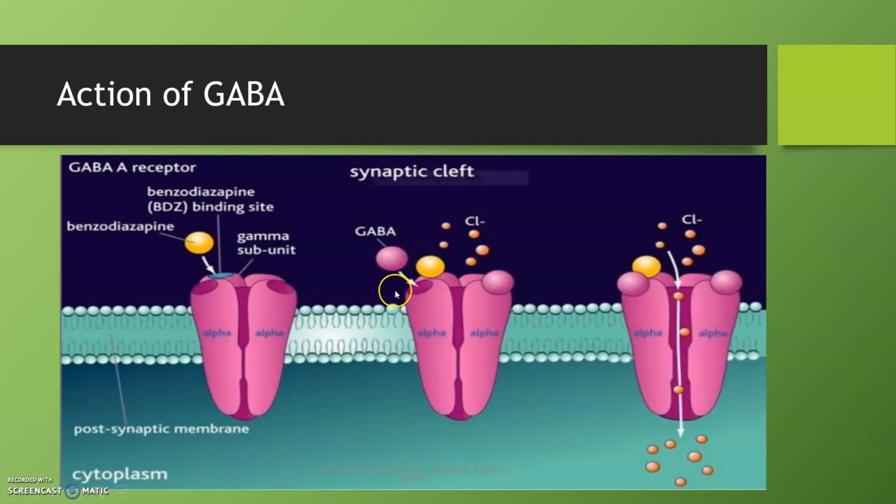After binding of these two chemicals to the specific receptor, that is the GABA A receptor, there is a lifetime opening of the chloride channel and the entry of chloride ions from the extracellular to the intracellular side, and the patient gets sleep or reduced epilepsy.